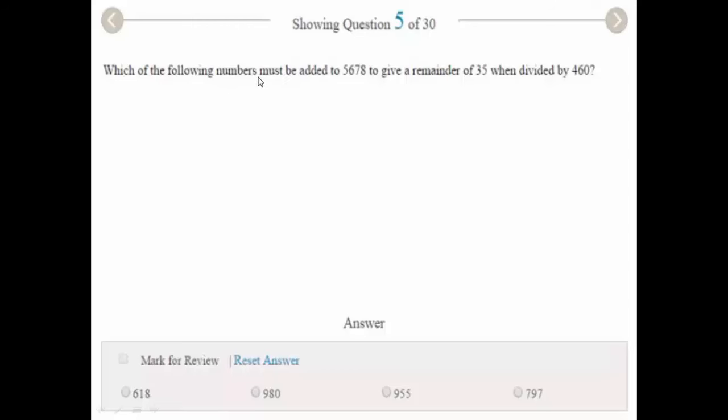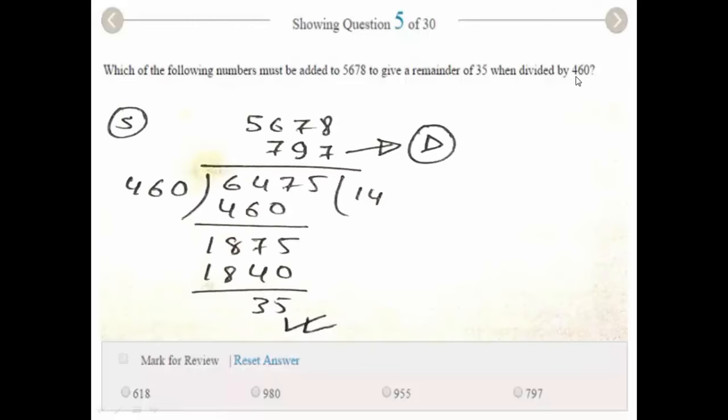Which of the following numbers must be added to 5,678 to give a remainder of 35 when divided by 460? Okay, so the solution: first of all we have to think that this is an even number and a multiple of 10, and we want a remainder of 35. So whatever number is added to this, the unit place must be 5.